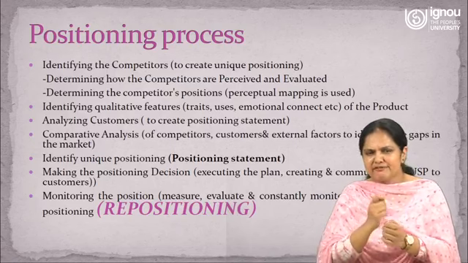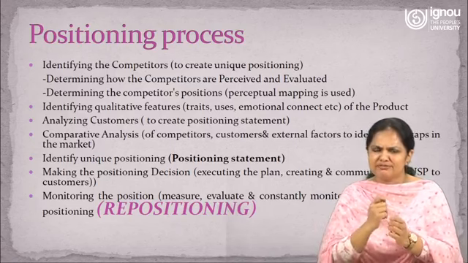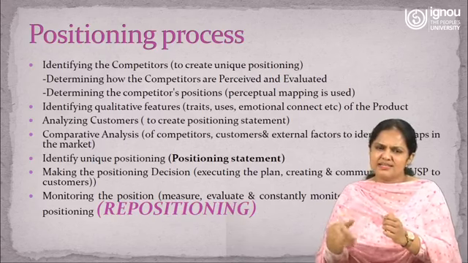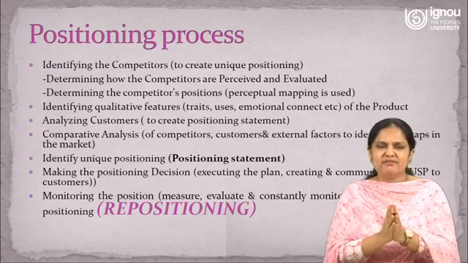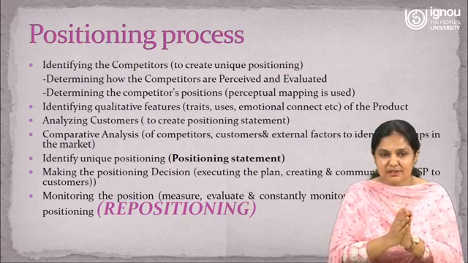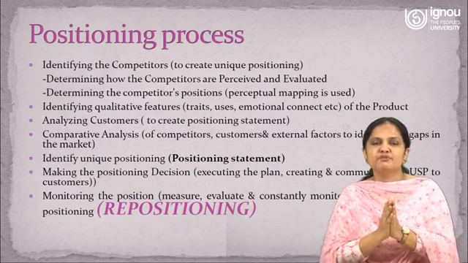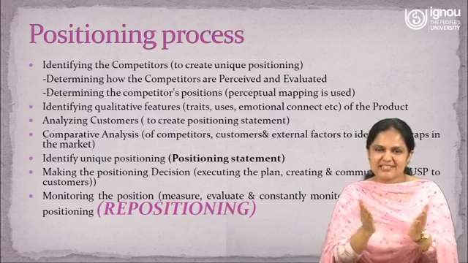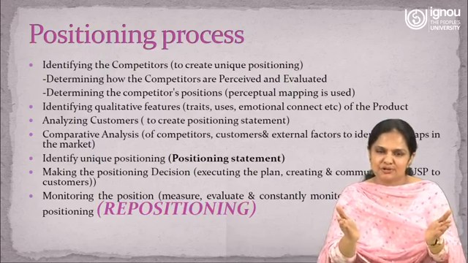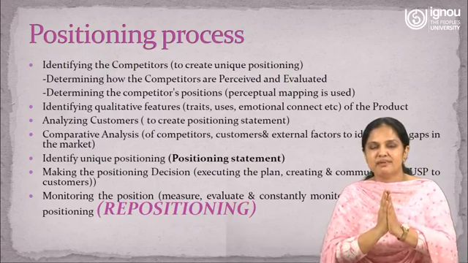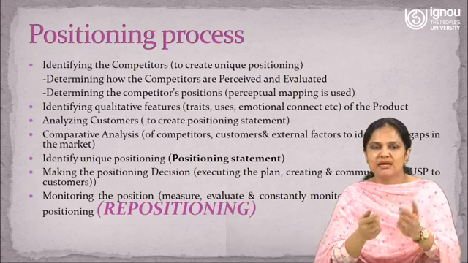We try to know each and every bit of the customer's choices, preferences, their paying capacity, the society they belong to, their influences. After knowing this, we can prepare a positioning statement. This is the statement through which I am going to talk to my customers, the positioning statement which I am going to communicate to my customers.